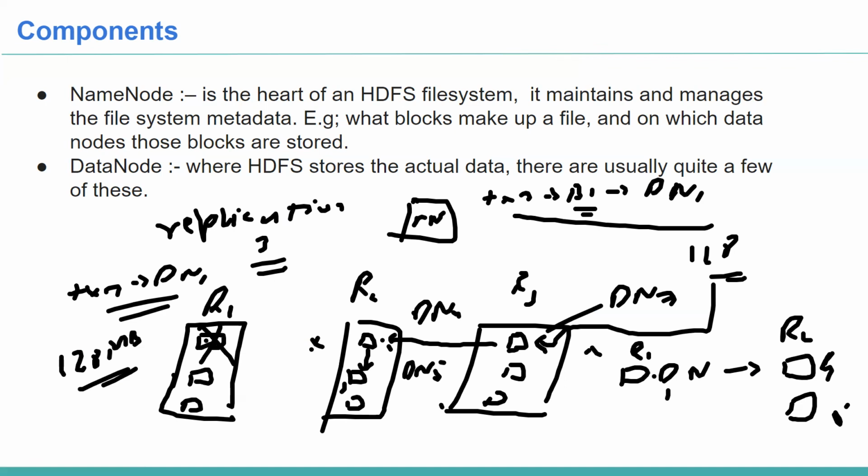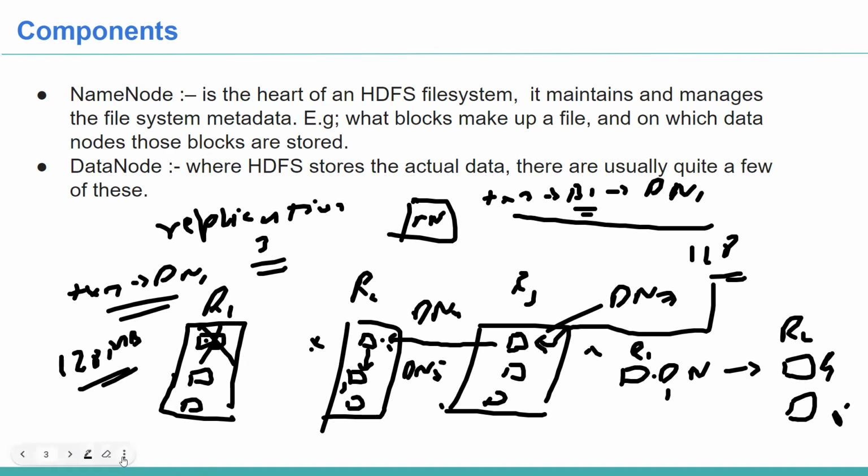So first copy is in dn1, other copy is in the rack 2 on dn4, and the third copy is in the rack 2 and dn5. So we have stored the data in three different data nodes, two in the same rack and one in a different rack. So whenever a rack fails, still we have one copy of the data available. So this is possible with the help of a replication factor 3.